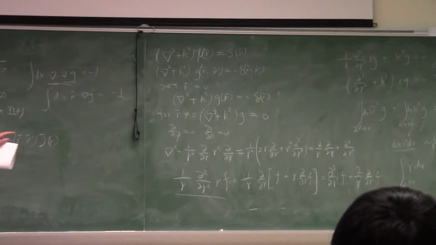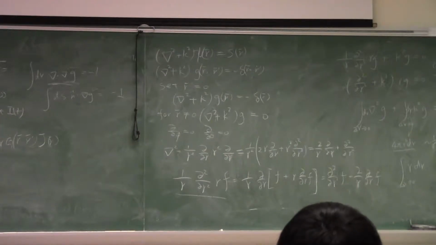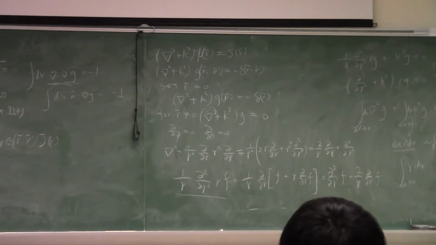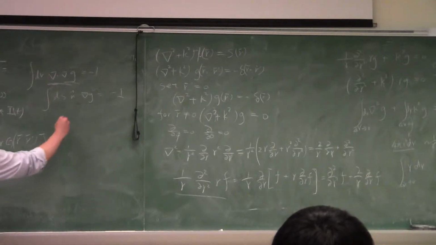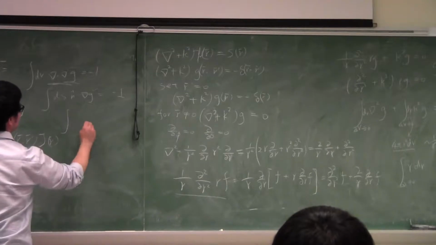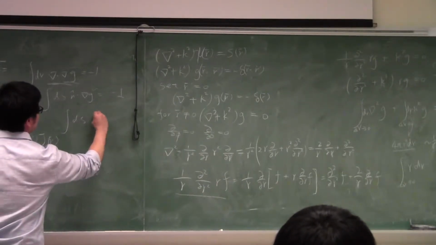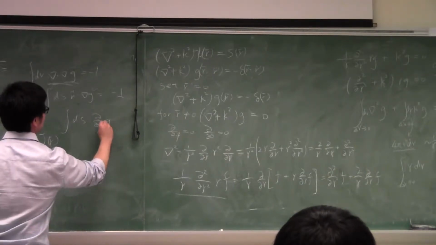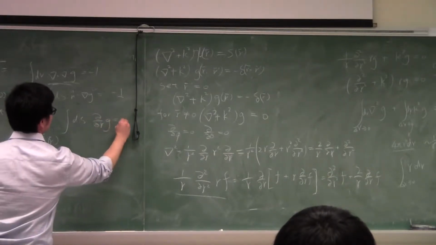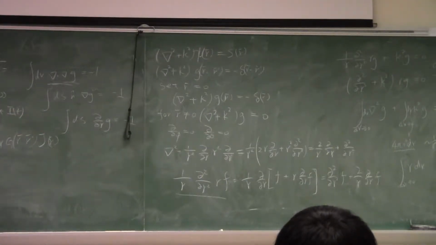So what's the normal component of the gradient of G in spherical coordinates? It's just the partial derivative with respect to r, right? Everybody, do you see that?